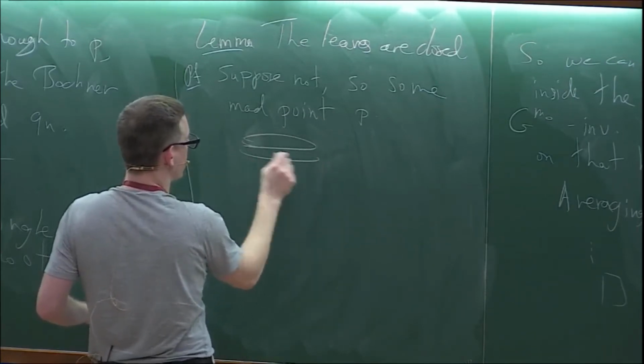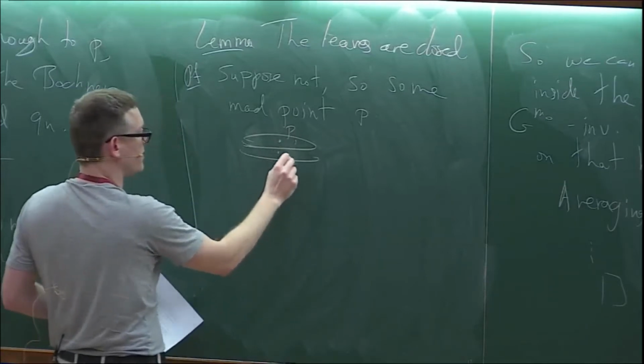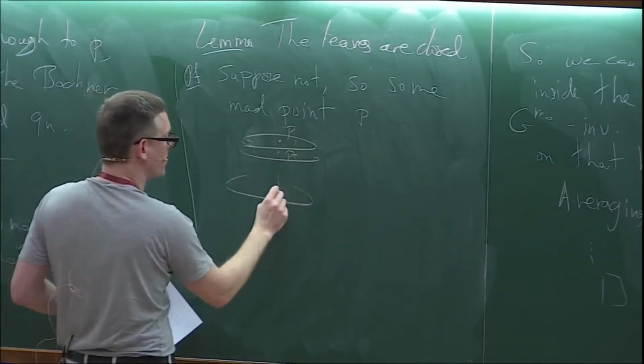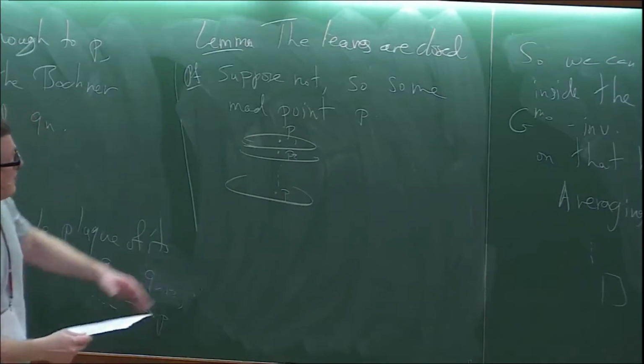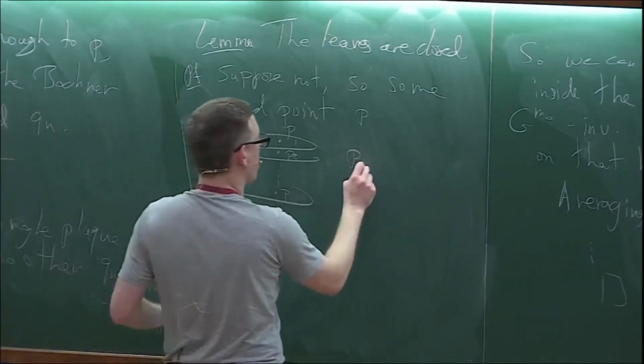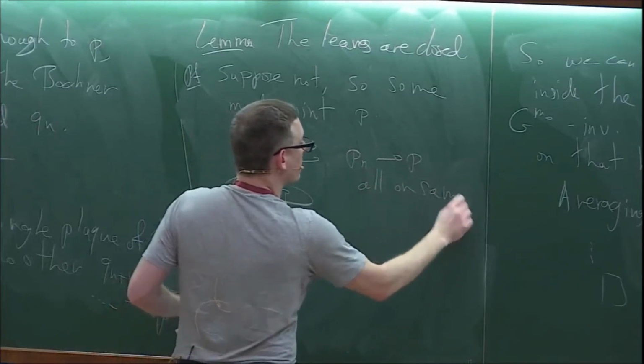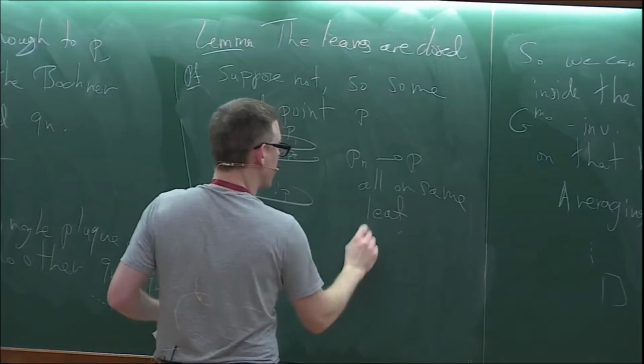We've got little pancakes, and we've got a stack of them. We've got a P1 on this guy, and so on and so forth, P2 here, and they go in toward P. Okay, they're all on different plaques. So the Pn go to P, all on the same leaf, but different plaques.